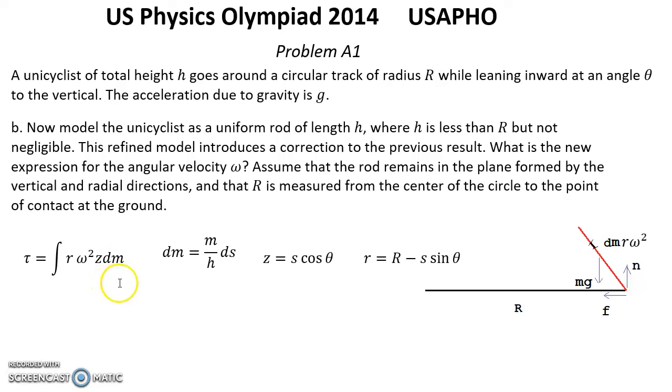Now we have to express our variables in this equation through a variable which is the distance from the point of contact to our element dm. So from this point we have dm equal to mass over total height multiplied by ds, z equal to s cosine theta, that's the height, and r equal to big R minus s sine theta, and the limits are from 0 to h.